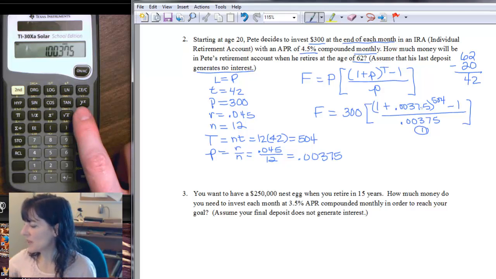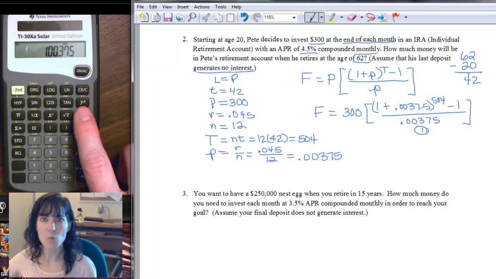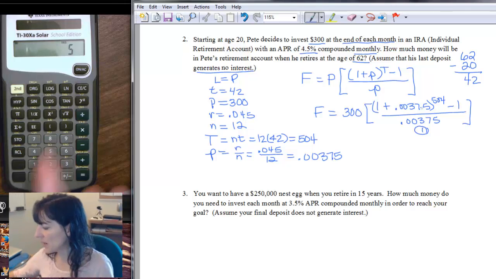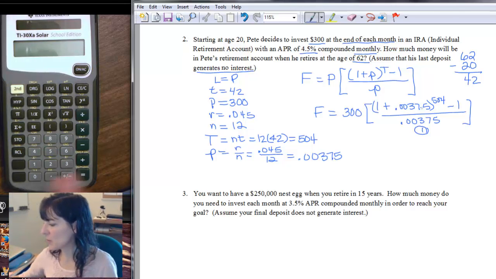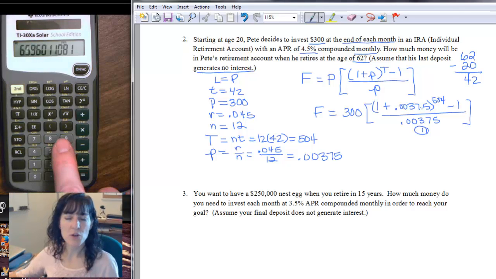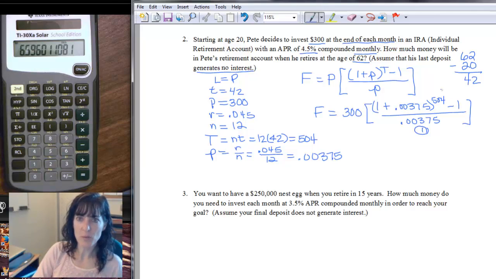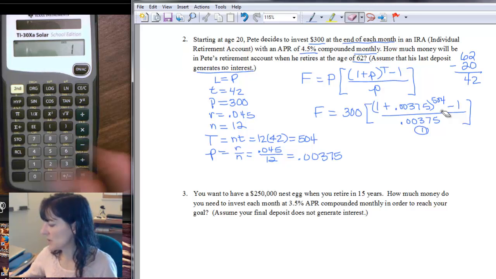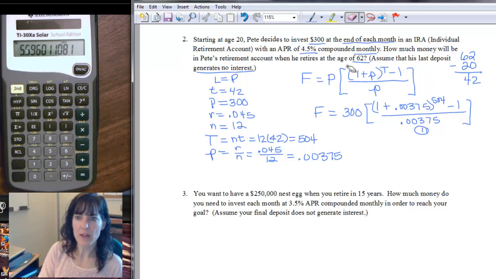Raise it to the power, the button on this calculator is y to the x, so to the 504 equals, so that's my part of the numerator there. I did the plus 1 and then to the 504, so I've done all of this. Now I need to subtract 1, so we'll say minus 1 equals.